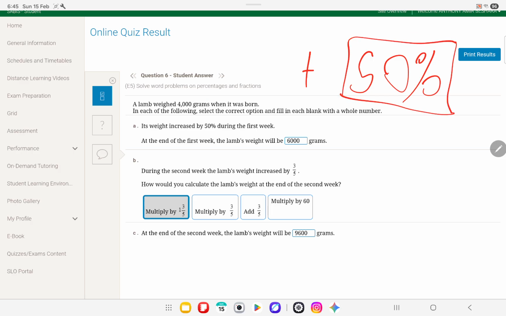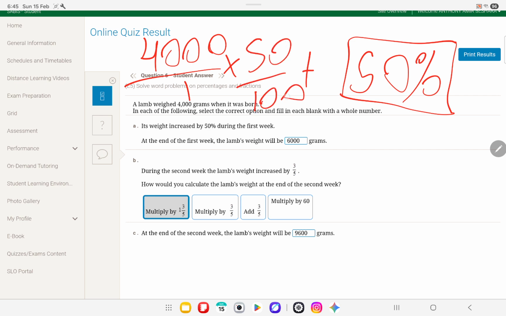So what do we do? 4,000 over 1 times 50%. So 50% is 50 over 100. Cross out 2 zeros, it will be 40 times 50, which is 2,000.